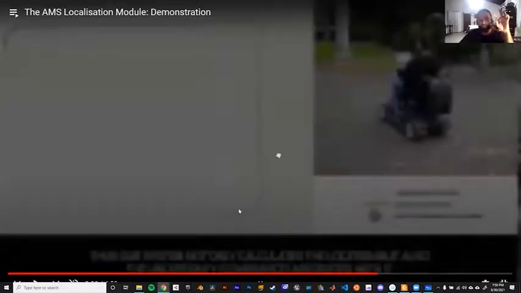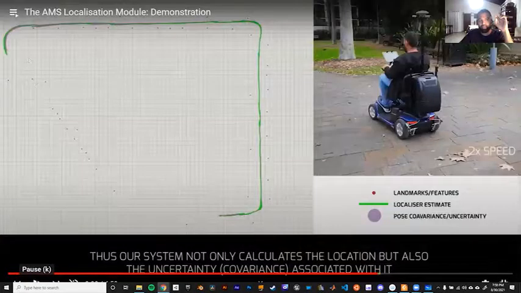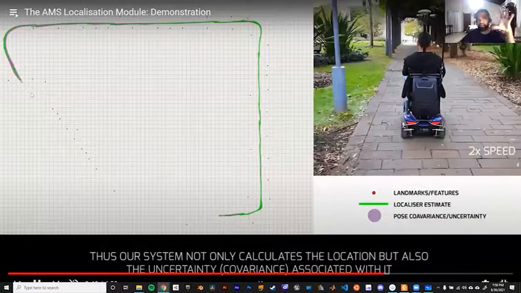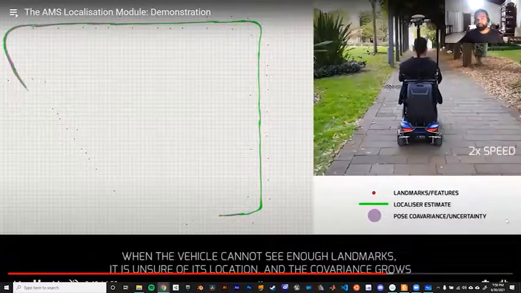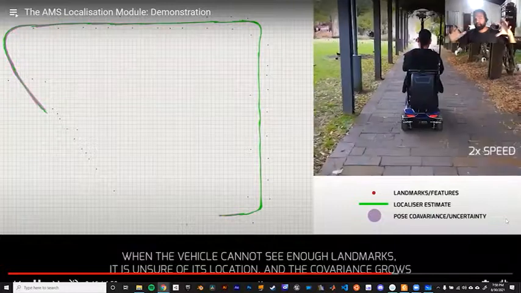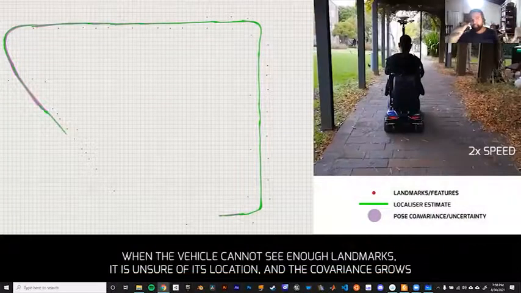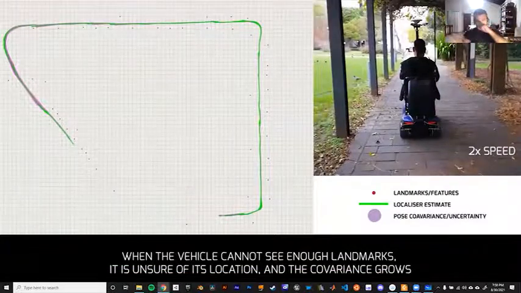Right, so hold on. You can see here when the observations reduce, can you see the purple lines? The purple shows the uncertainty. So although the green is saying this is where I am, the purple is saying it can be in this general area.